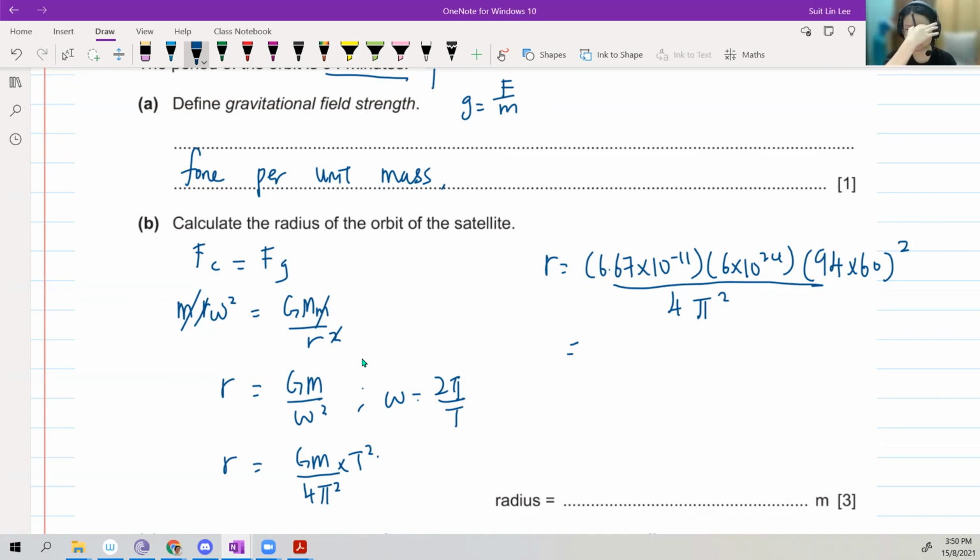I got G M. Oh no, this is r to the power 3, right? Can cancel like that, right? Power 3.